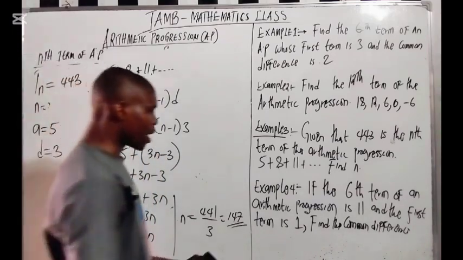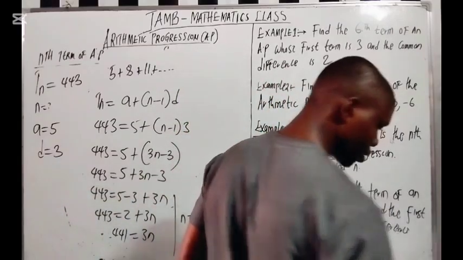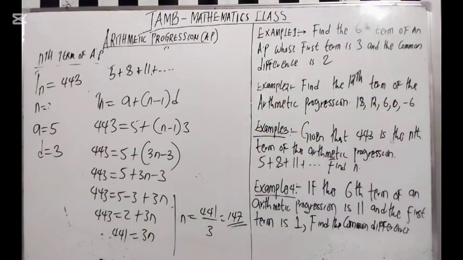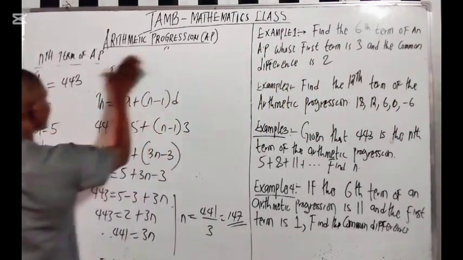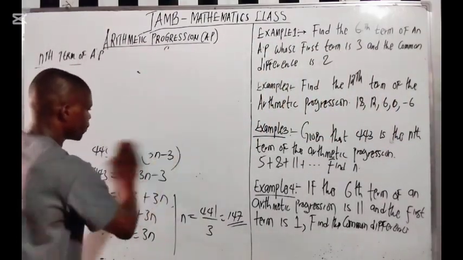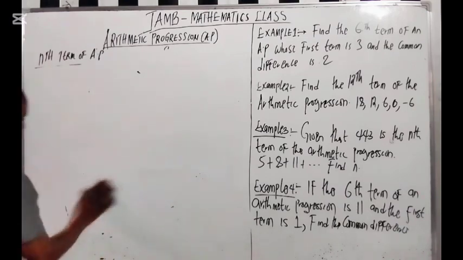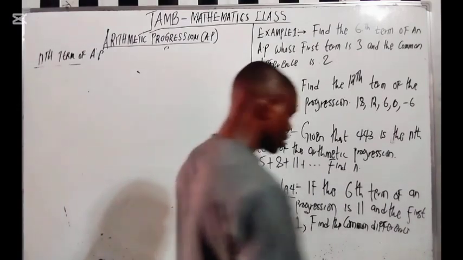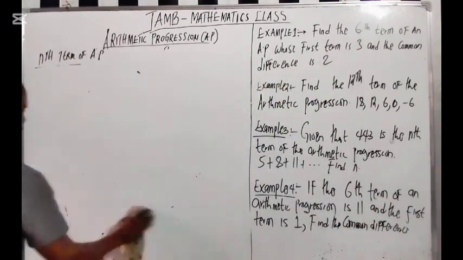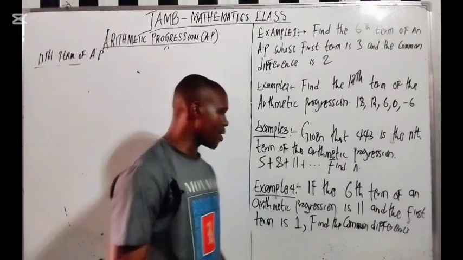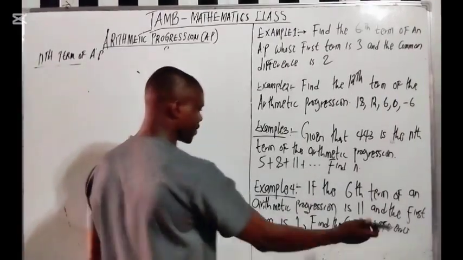So look at our question 4. If the 6th term of an arithmetic progression is 11 and the first term is 1, find the common difference.